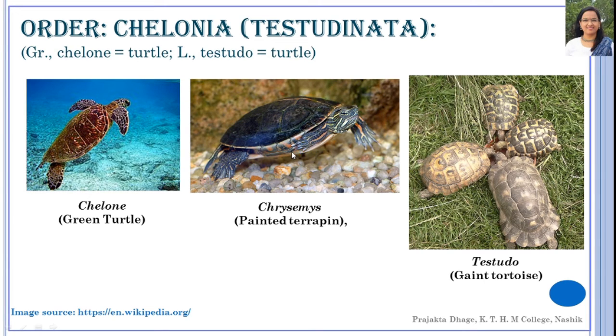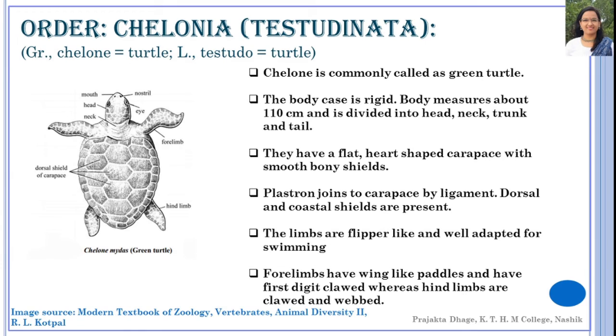This is called as plastron. So this is terrapin, this is chelone, completely aquatic. They come on land for laying eggs only. Terrapins are generally found in fresh waters, and testudo, we all know it is a tortoise and it is terrestrial in nature.